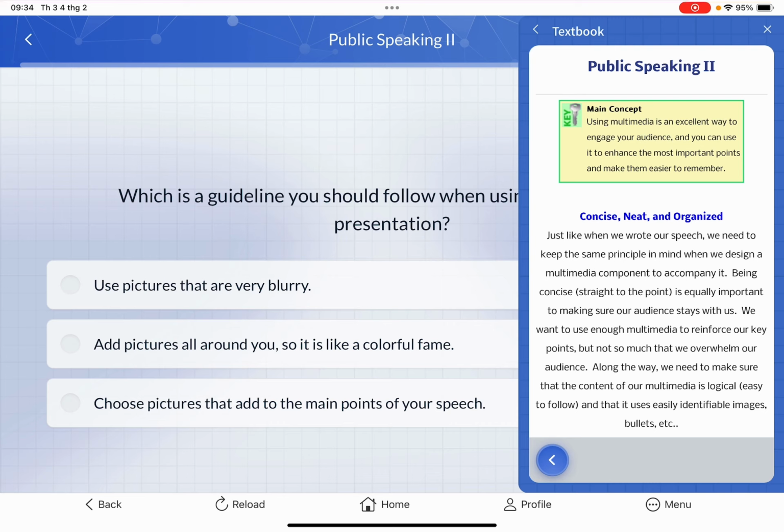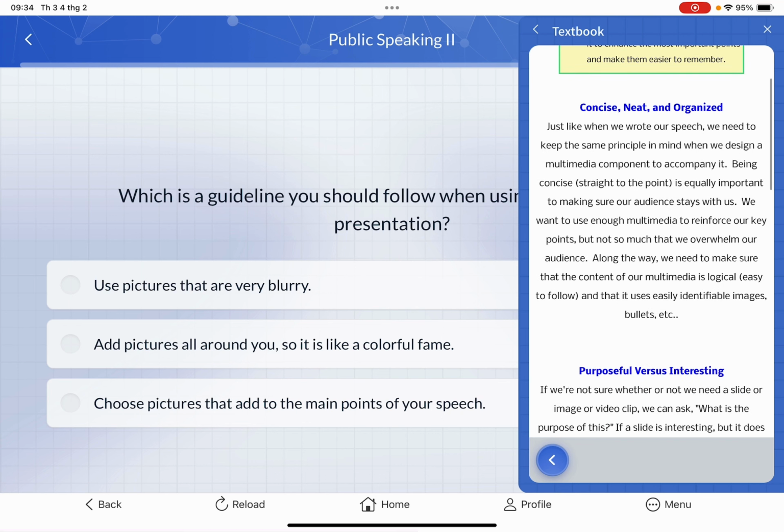Okay. Using multimedia is just like when we wrote our speech. We just need to keep the same principle in mind when we design a multimedia component to accompany it. Being concise, which is straight to the point, is equally important to making sure our audience stays with us.